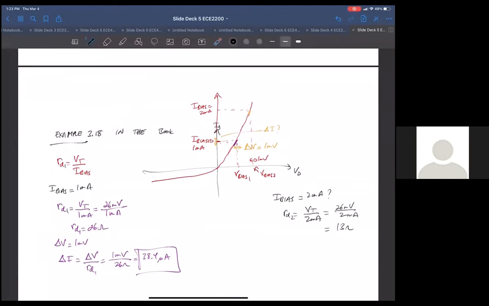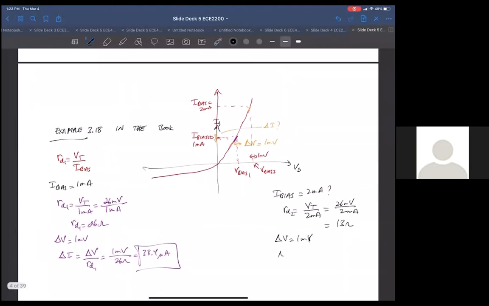So if I do the same delta V around this point, then delta I2 is going to be 1 millivolt over 13 ohms. What do we end up with?